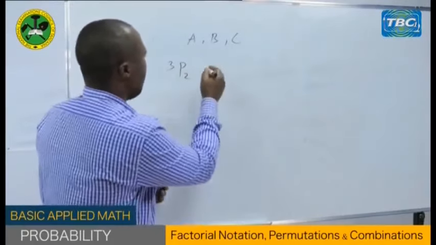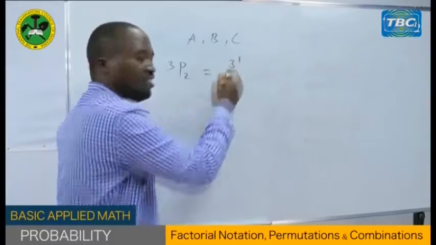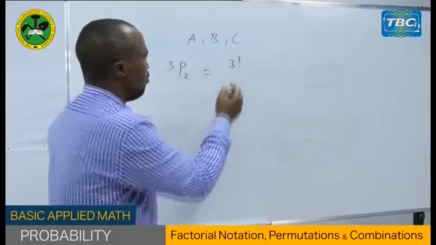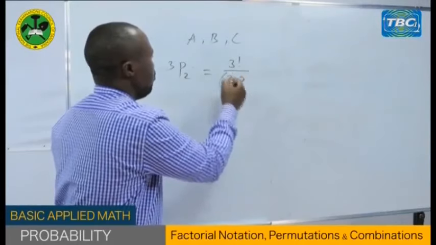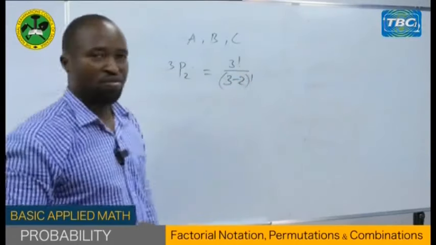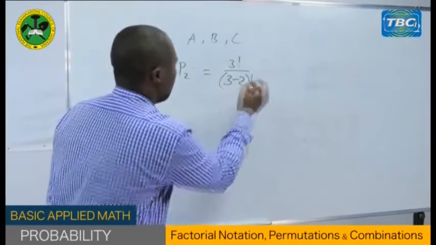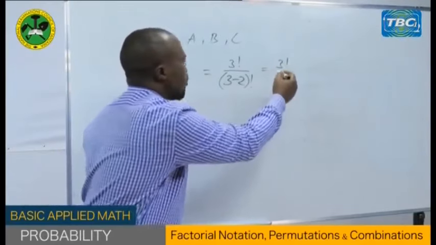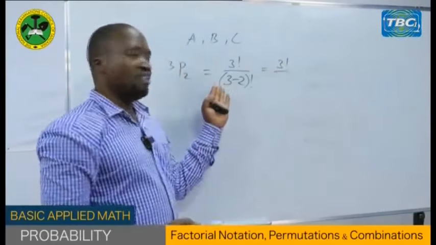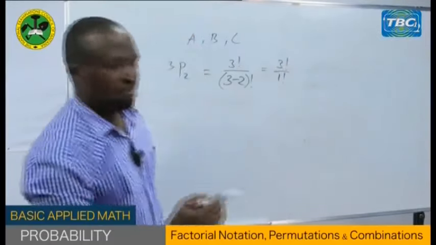So by using our general formula, we could say this is the same as 3 factorial over 3 minus 2 factorial. What are we going to get here? This is equal to 3 factorial over 3 minus 2, remain with 1 factorial.